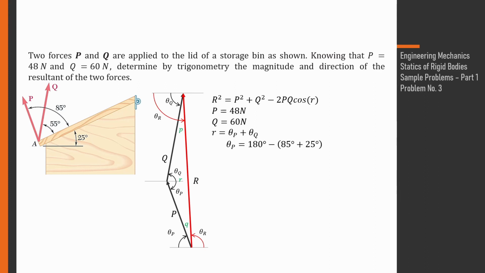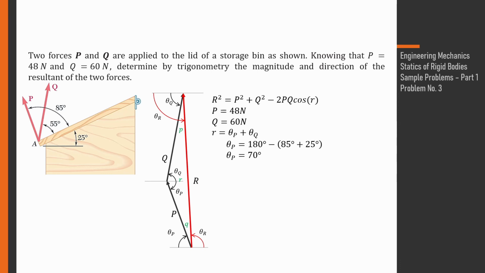Theta P we can get from the figure, so 180 degrees for the straight line, minus 85 plus 25 degrees.